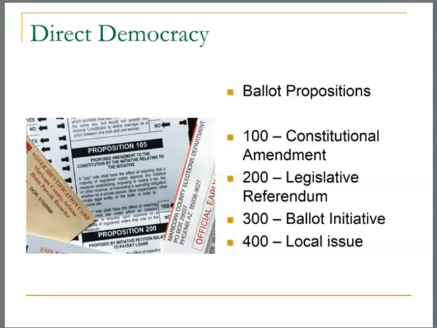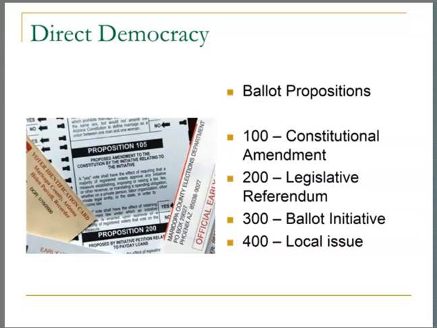Now, between the citizen initiatives and the legislature's referenda, Arizona ballots are often quite crowded. Now, you can understand something about the origin of a proposition by the numbers that are attached to it.